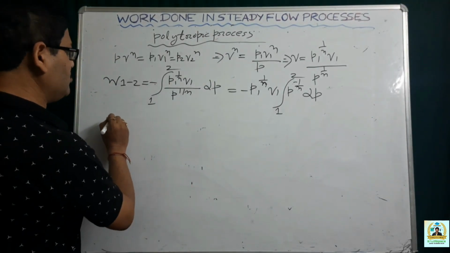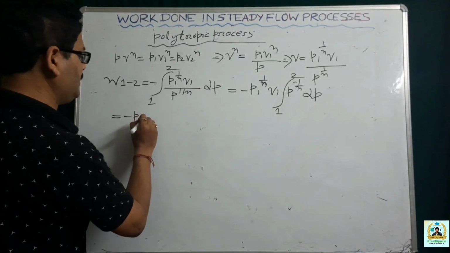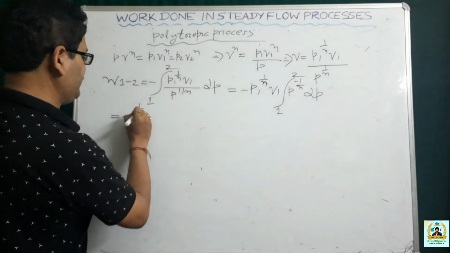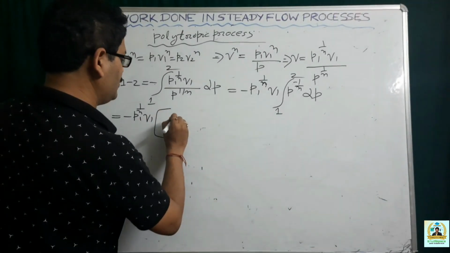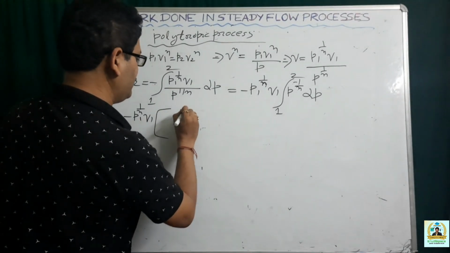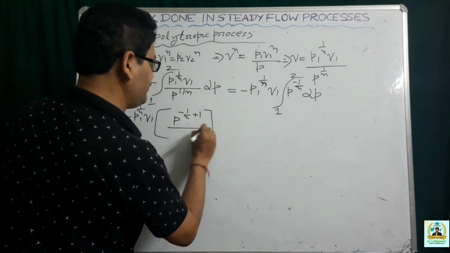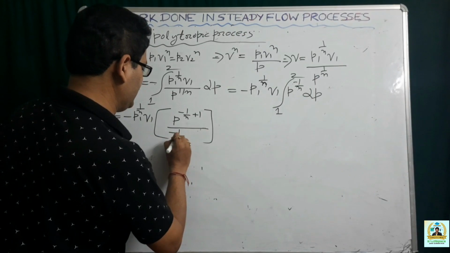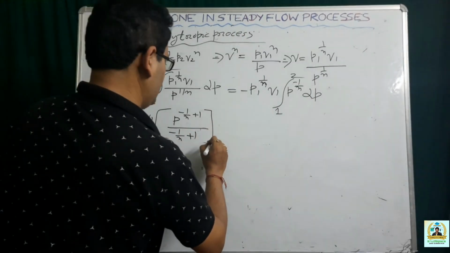So that is equal to minus P1 to the power 1 by n into V1 into P to the power minus 1 by n plus 1 divided by minus 1 by n plus 1, from 1 to 2.